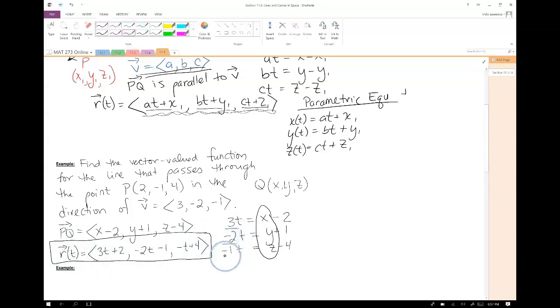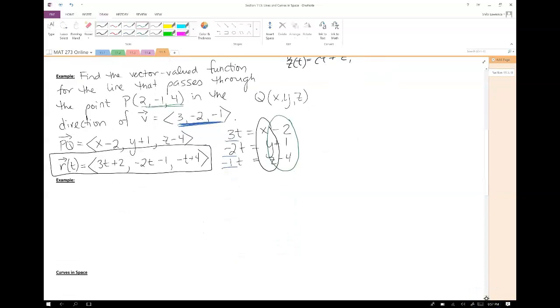The 3, negative 2, and negative 1 came from our direction vector, and then we got the minus 2 plus 1 minus 4 because we created a vector between P and Q. And when we do that, we do the Q components minus the P components. And we're using t as our common ratio.